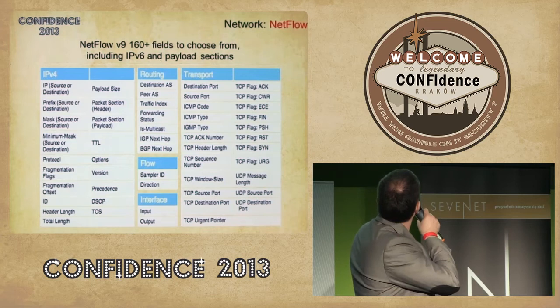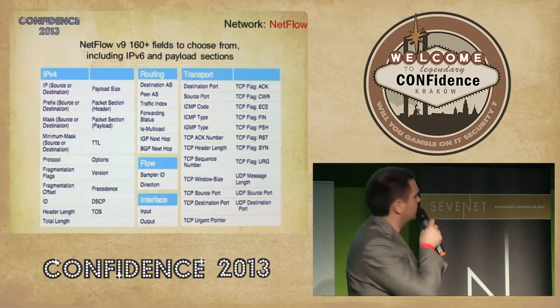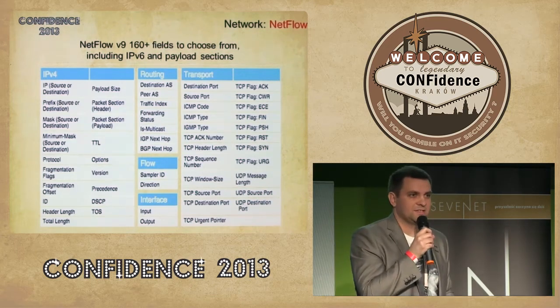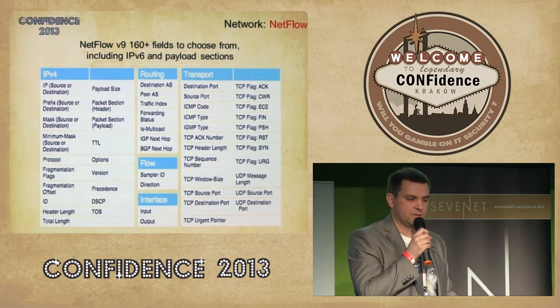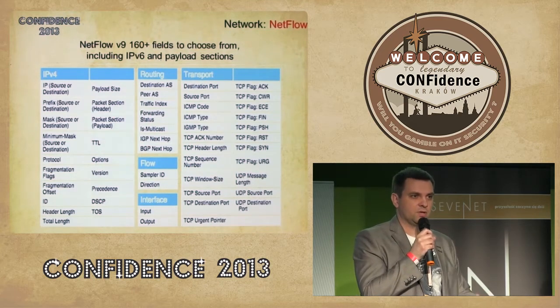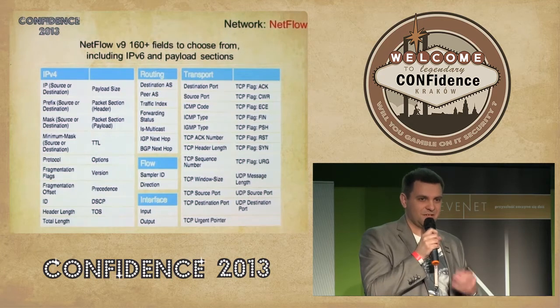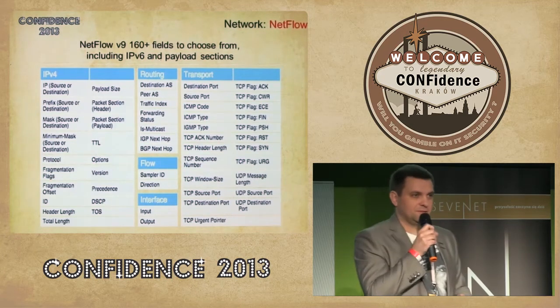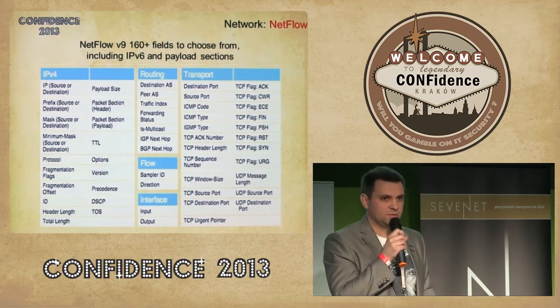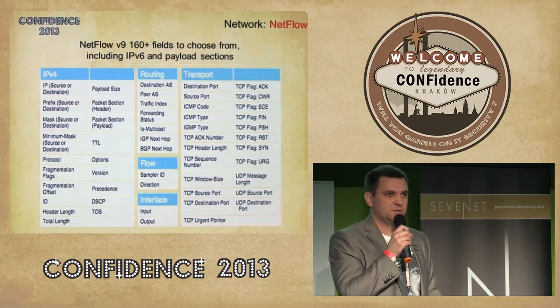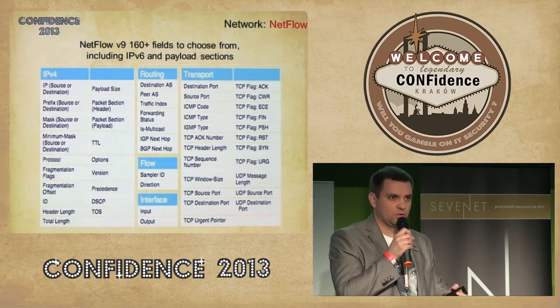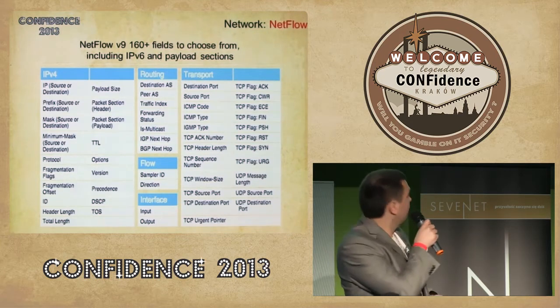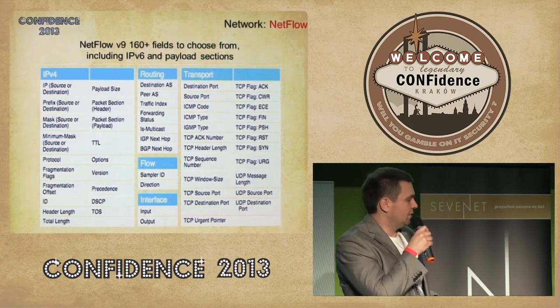In NetFlow version 9, there are about 160 fields that we can collect from the network. Not all are necessary, of course, but NetFlow is a very powerful tool to give us knowledge from our network for security purposes.